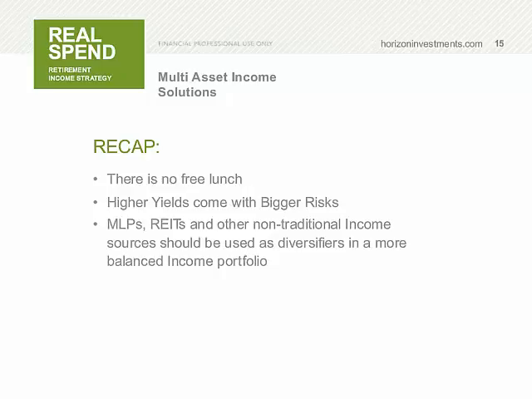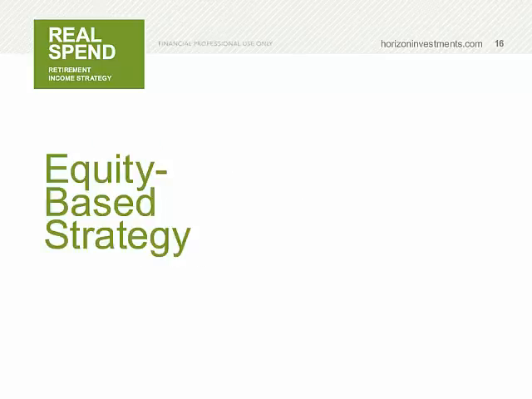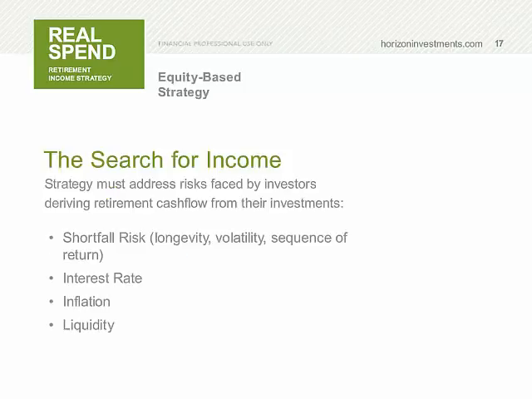So the name of this slide here is equity-based strategies. And we're not saying that you should run out and sell all your fixed income. When I speak to family members that are retired, they have no real interest in putting all of their retirement dollars into the S&P 500, and that's not what we're talking about.